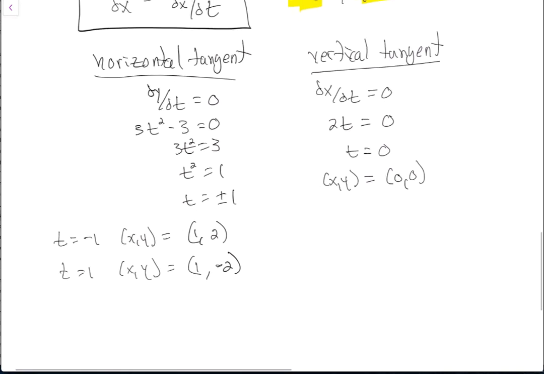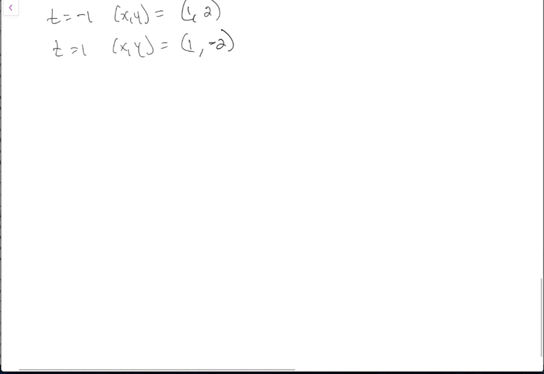So let's look at a part C where we would consider the second derivative, because we had talked about the second derivative formula. So let's look at that in this particular example. So let's suppose we want to find where the curve is concave up or down. We're going to look for both intervals.